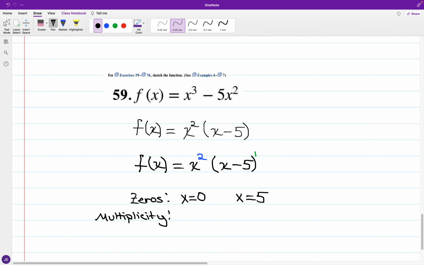In the case of multiplicity, the multiplicity of a zero is the degree to which the factor corresponding to that zero is raised. So 0 has a multiplicity of 2, whereas 5 has a multiplicity of 1.